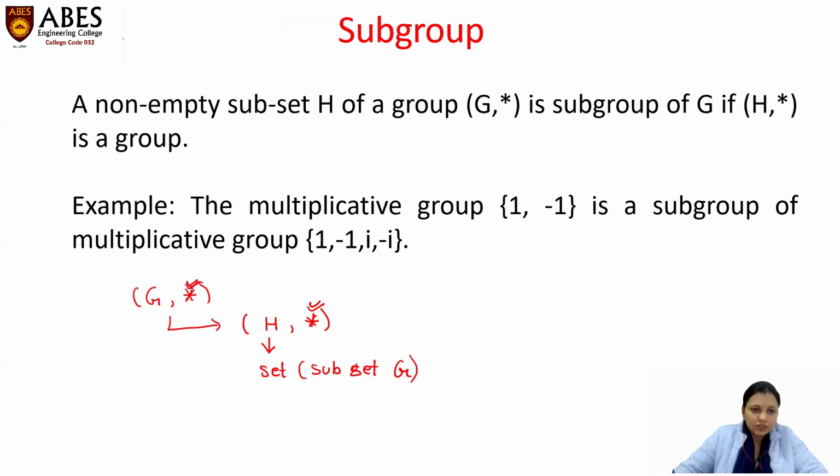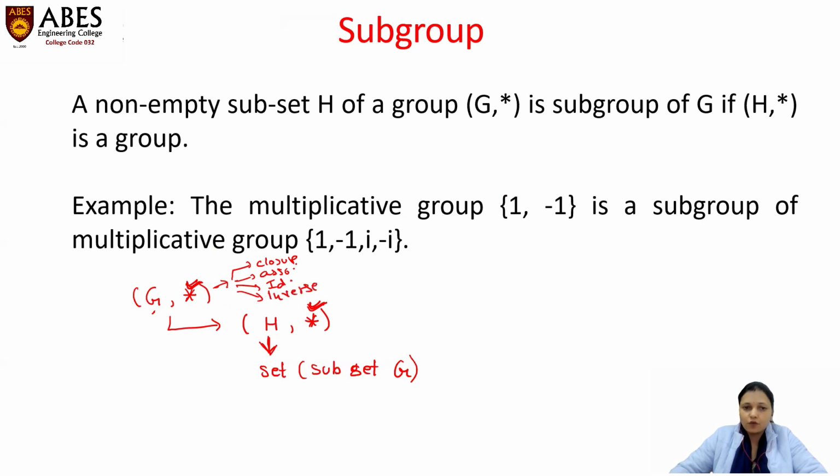If the operation in the group is addition, then the operation in the subgroup should also be addition. So the operations are the same, and this set is a subset of the set in the group. And as we know, a group satisfies all the properties of a group, which are closure, associative, identity, and inverse.